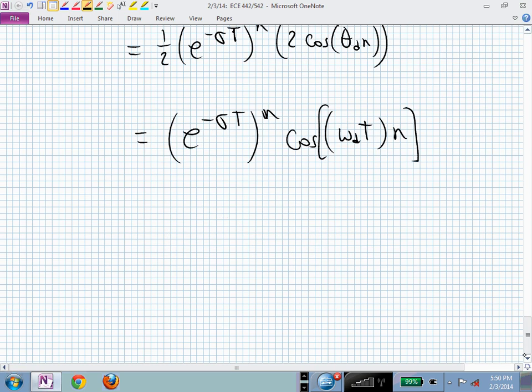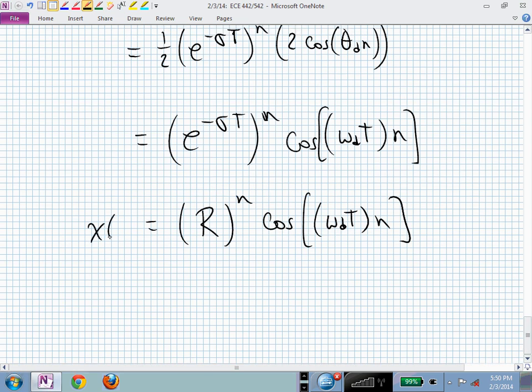and sometimes we might just write that as some ratio r. E to the minus sigma T is just a number. That's r to the n cosine of omega sub d T n. And that's now our time domain expression for an exponentially damped cosine.